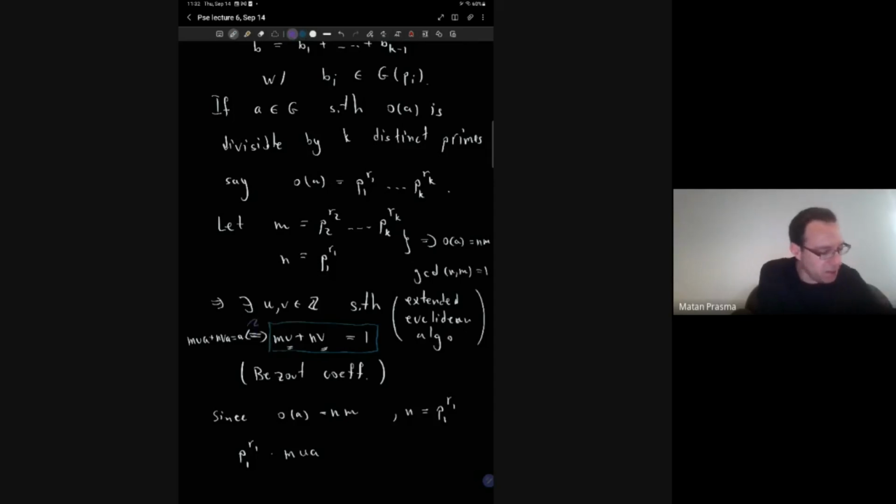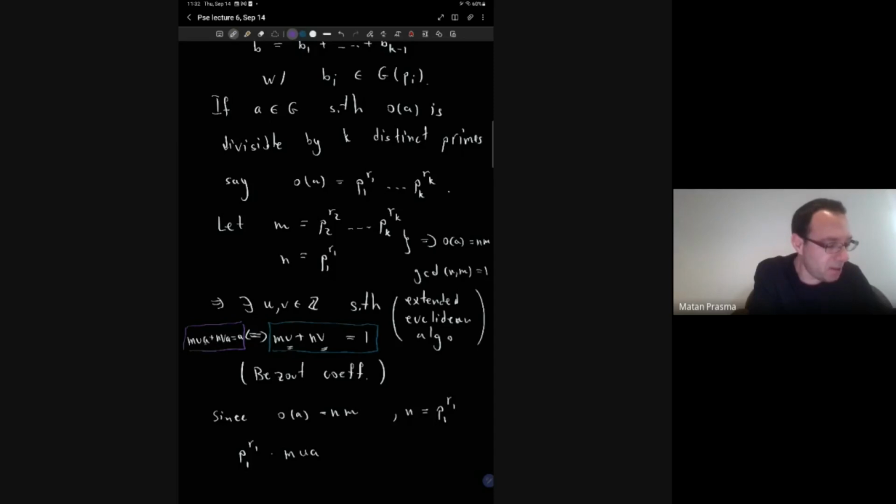But the equation here in purple is an equation of elements in G. Because G is written in additive notation, I can multiply an element of G by an integer.